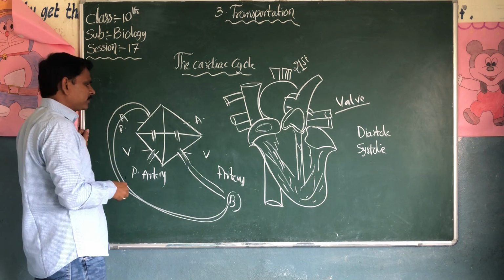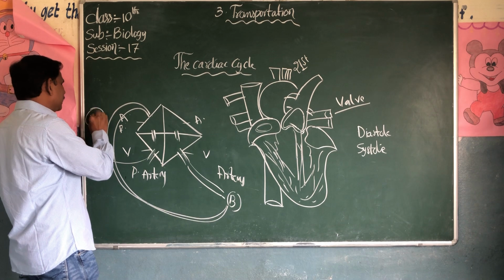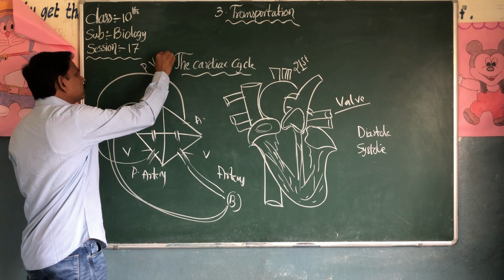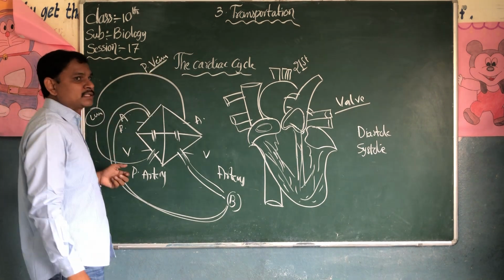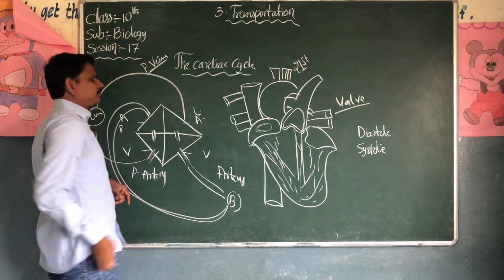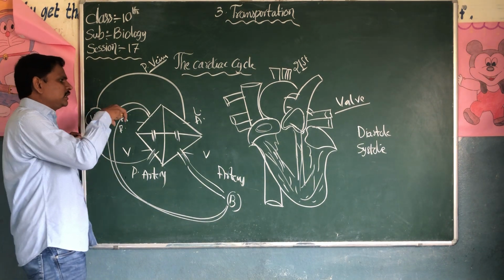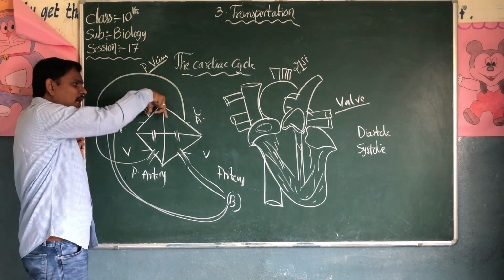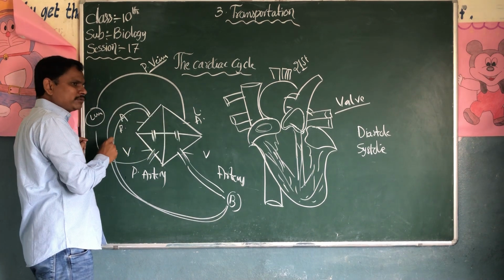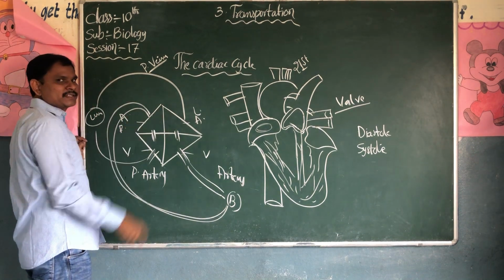One more blood vessel, from the lungs, the pulmonary veins, transports the blood into the left atria. So these 2 blood vessels transport the blood into the heart: one is the pulmonary vein, another is the vena cava.